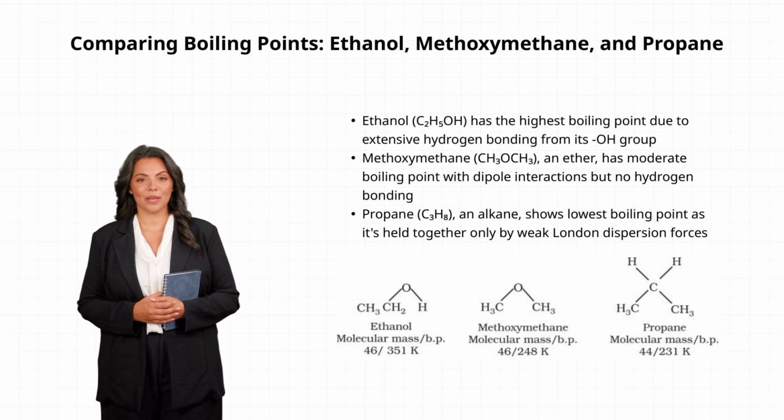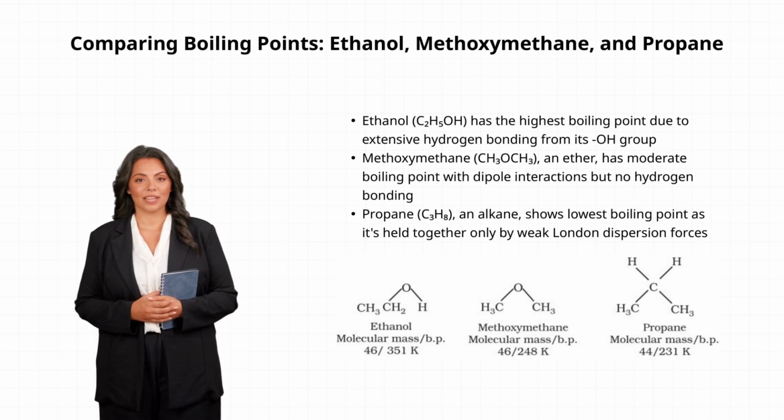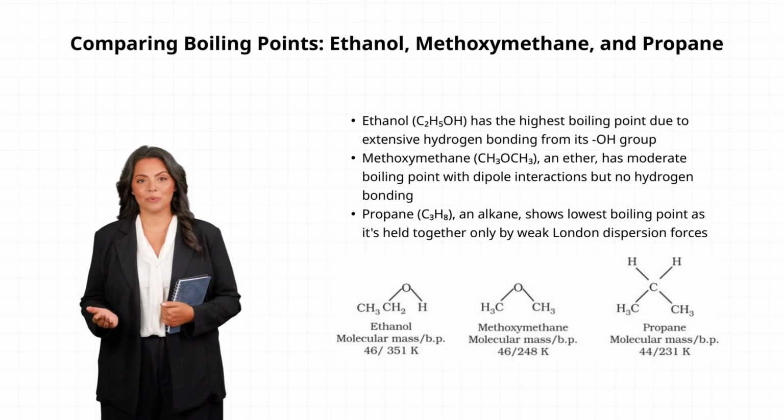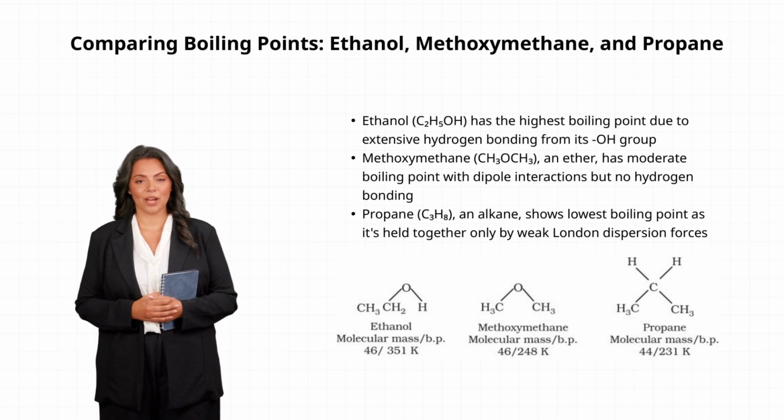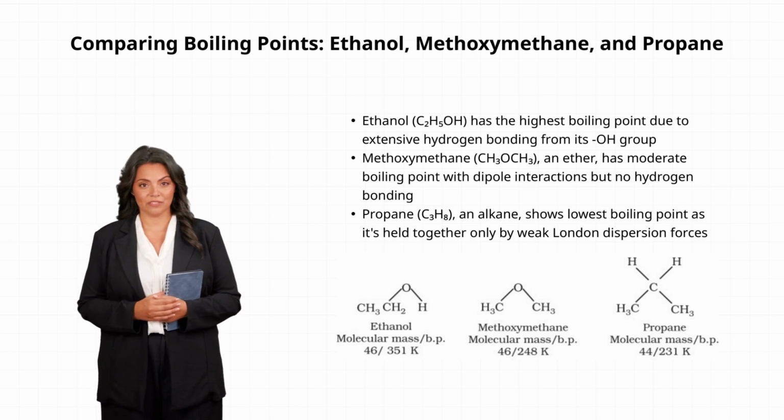On this slide, we'll compare three compounds with similar molecular masses to understand how their structures affect their boiling points. First, ethanol, with formula C2H5OH, has a hydroxyl group capable of forming hydrogen bonds. This interaction creates strong attractions between molecules, leading to a boiling point of 351 Kelvin.